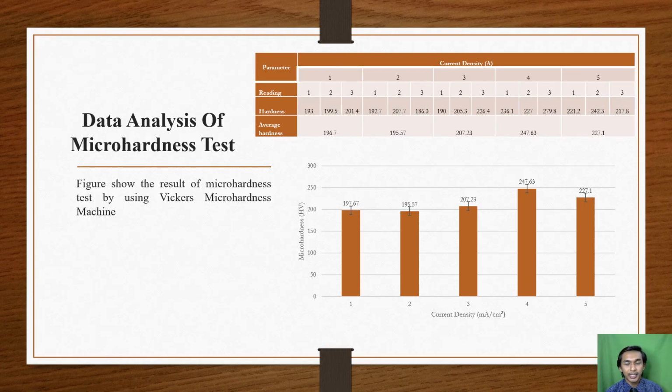For the data analysis in the microhardness test, in this experiment, Vickers microhardness was used to analyze the value of hardness after the electrodeposition copper alloy process.